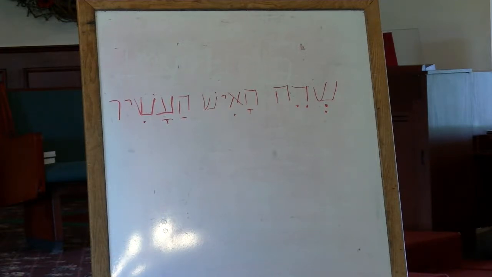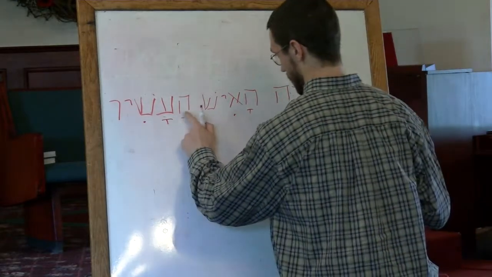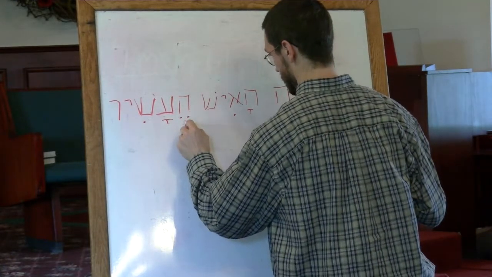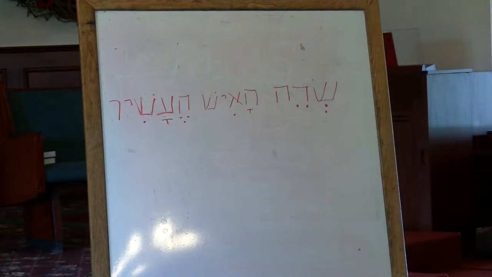Why didn't you put an article on sadeh? Why don't you have hasadeh ha'ish? It's the field, right? Good. Since it's a construct, you can't do it. Good. So it still is the field of the rich man. Good. Ha'ish. Now, ashir, actually, it's almost exactly right, but ashir doesn't have the correct vowel on the article because of one of the less common things with the ayin. Good, very good. Sedeh ha'ish ha'ashir.